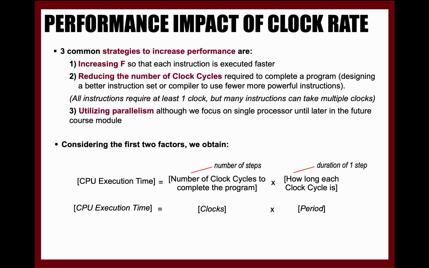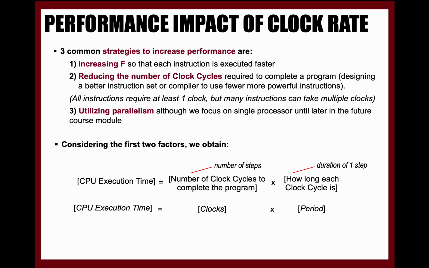It's the product of the number of clock cycles required to complete a program and the duration of each clock cycle. Mathematically, CPU execution time is the number of clock cycles to complete the program multiplied by how long a clock cycle is. To simplify it further, CPU execution time equals the number of clocks times the period.